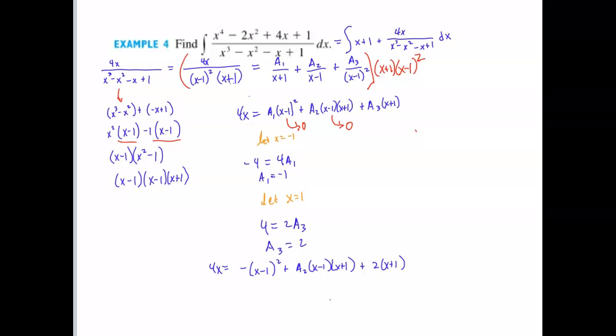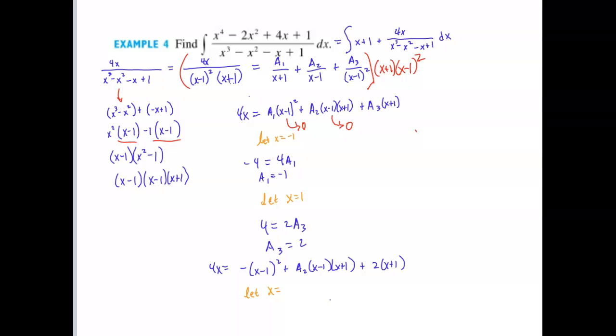So give me a value of x that won't eliminate A2. Zero. Sure. 0, 100, 3 billion, 47. Any of those would work as long as they don't eliminate A2, right?